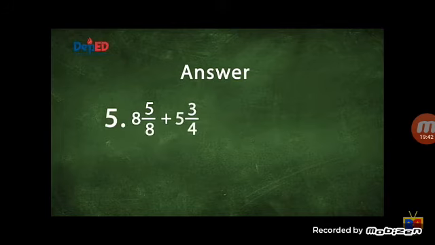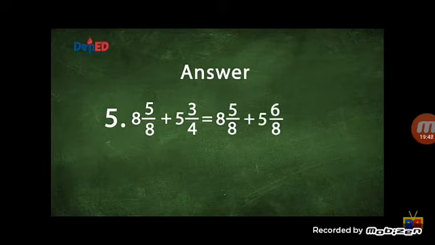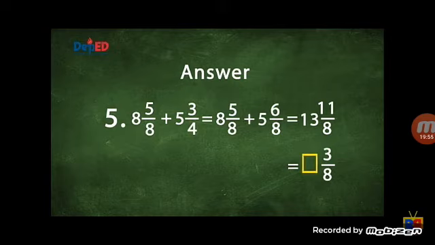Number 5. 8 and 5/8 plus 5 and 3/4 equals 8 and 5/8 plus 5 and 6/8 equals 13 and 11/8 equals blank and 3/8. Step 1. Change fractions to similar fractions through getting the least common denominator, or LCD. The LCD of 8 and 4 is 8.